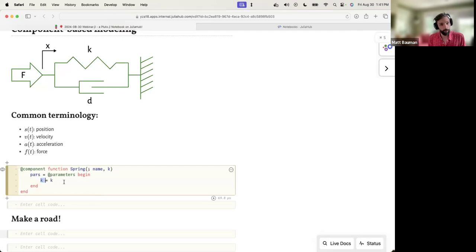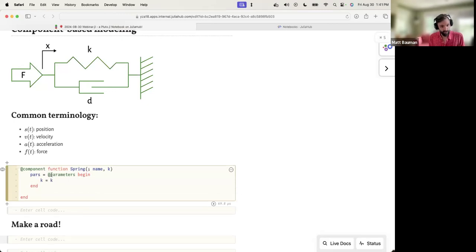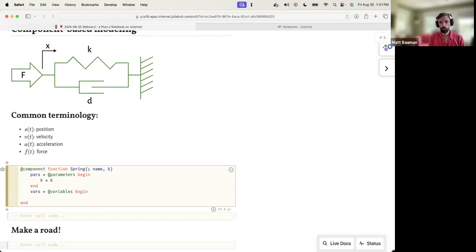So that's the one parameter that we have, and we keep that separate from the variables, using again this special variables macro. What do we care about here? What does the spring care about? We're going to use the common terminology where S is our position, V is our velocity, A is our acceleration, and F is our force. What we want to know is, how stretched is the spring?